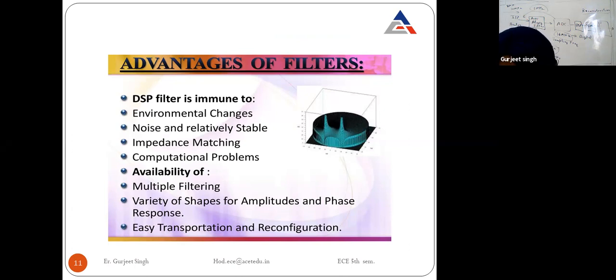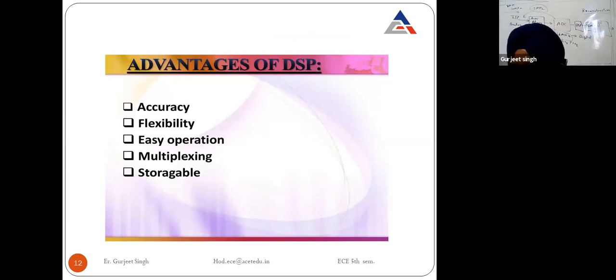They will perform multiple levels of filtering. They have a variety of shapes for amplitude and phase response, and easy transformation and reconfiguration.